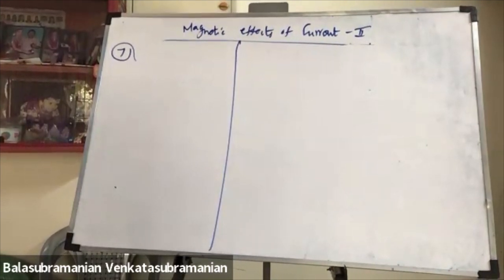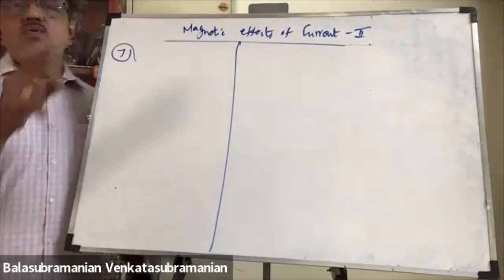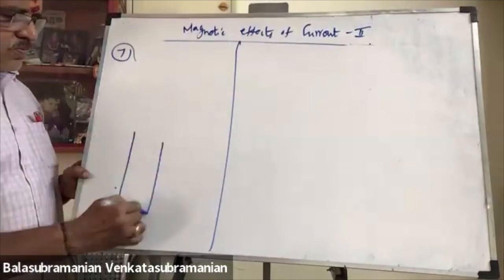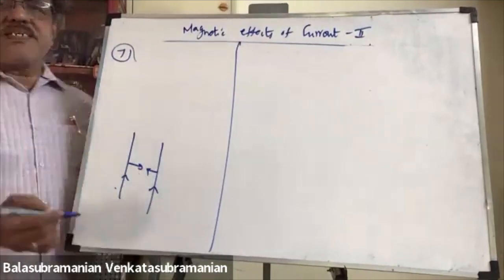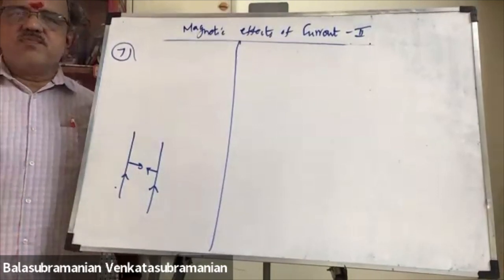Estimate the force on a 10 centimeter section of the wire. When current is passing through two wires in the same direction, by Fleming's left hand rule, there exists a force of attraction.